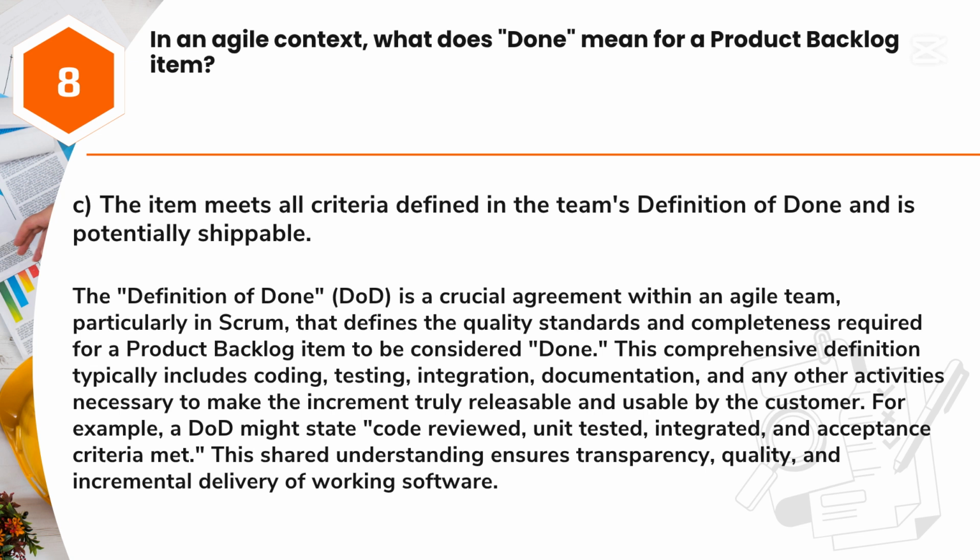This comprehensive definition typically includes coding, testing, integration, documentation, and any other activities necessary to make the increment truly releasable and usable by the customer. For example, a DoD might state: code reviewed, unit tested, integrated, and acceptance criteria met. This shared understanding ensures transparency, quality, and incremental delivery of working software.